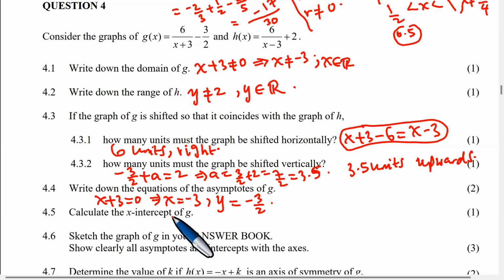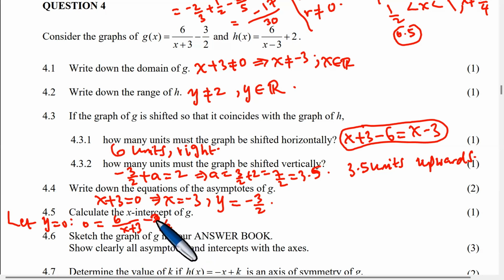Calculate the x-intercept of G. This is G. What is the x-intercept? To get the x-intercept, you let y be 0 in the graph of G. So you have 0 is 6 over x plus 3 minus 3 over 2.